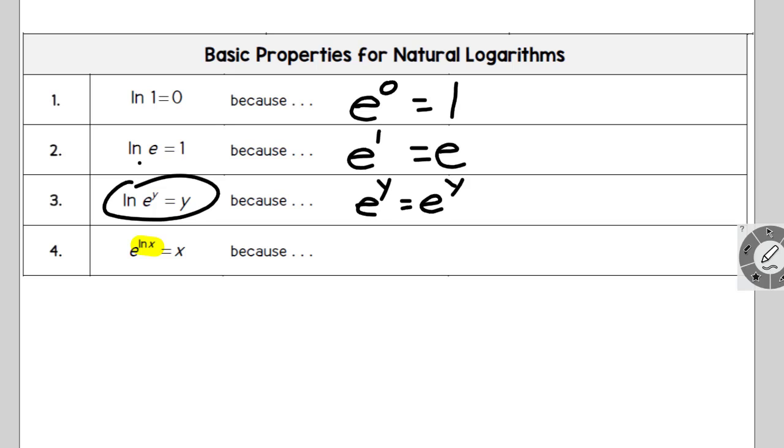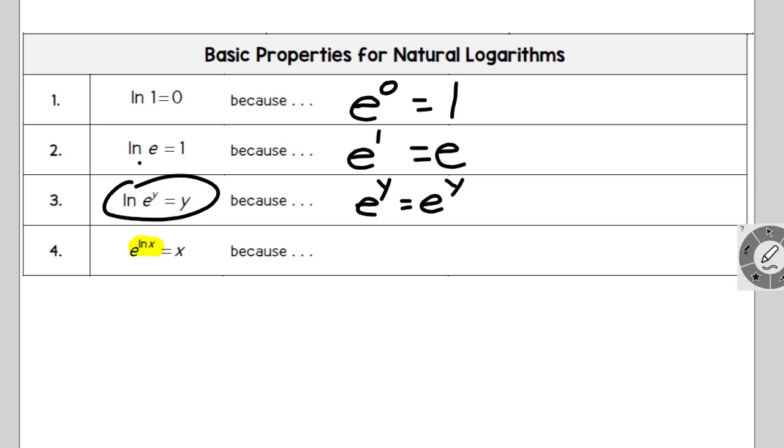I don't know, but I'm going to take whatever it is and I'm raising e to that thing. And so what should we get out of that? Just x, right? The piece that I have highlighted here says, if I raise e to this, I'm going to get x. So what are we doing? We're raising e to this thing. So what should we get out of it? x.